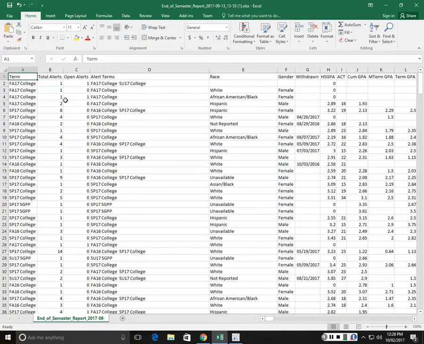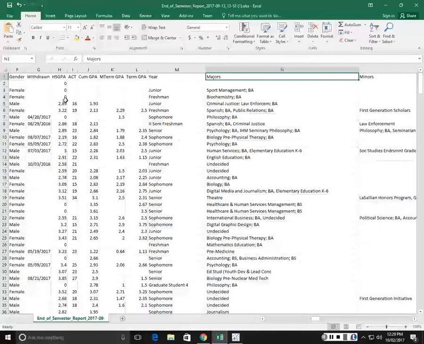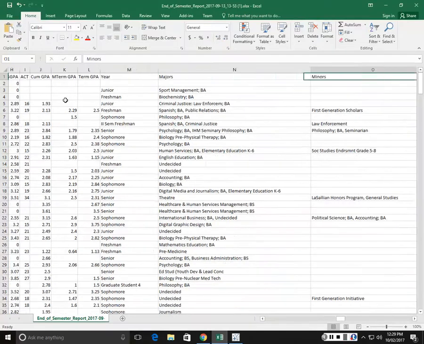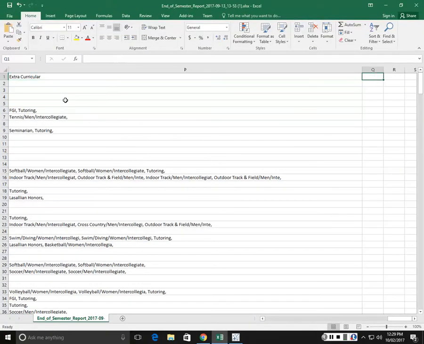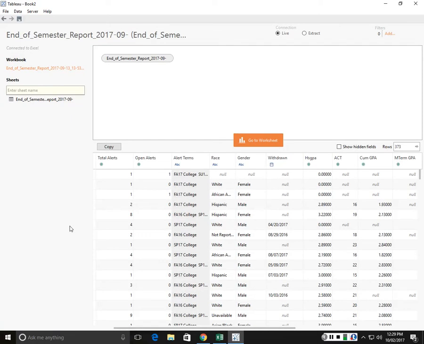This is probably some of the information we really care about: race, gender, high school GPA, ACT, cumulative GPA, that would be college, and midterm. Joe, this file is a list of folks who all had alerts, data with the individual's identity taken out. Okay, so it's grounded in alerts. Correct.